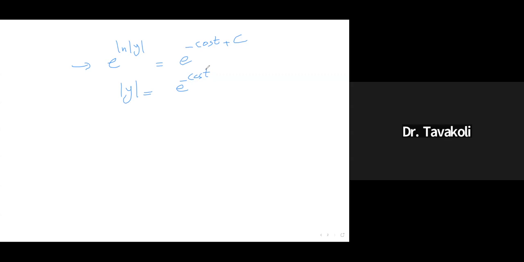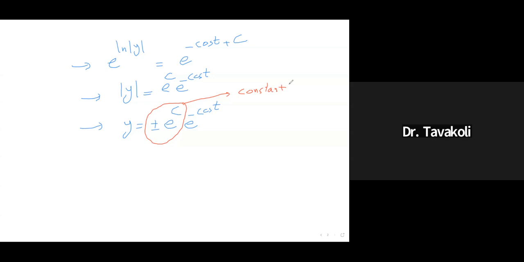As you know, I can write this as e to the power of c times e to the power of minus cosine of t. Without absolute value, y is plus or minus e to the power of c times e to the power of minus cosine of t. Plus or minus e to the power of constant is still a constant.